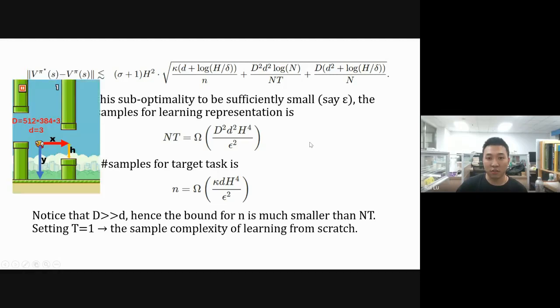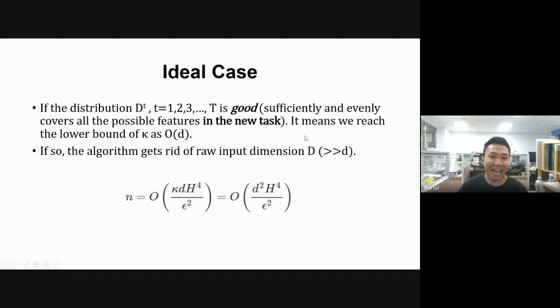Okay, so in the ideal case, which means if your sampling distribution dt is good and it covers almost all the possible features in the new task, which means you have a good kappa, then kappa reaches the lower bound as O(d).